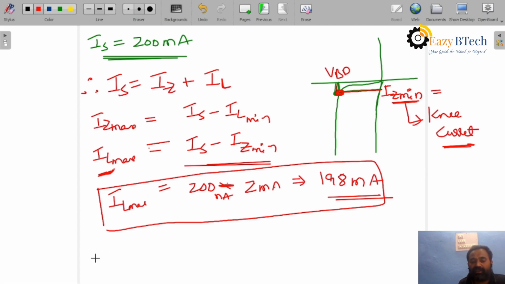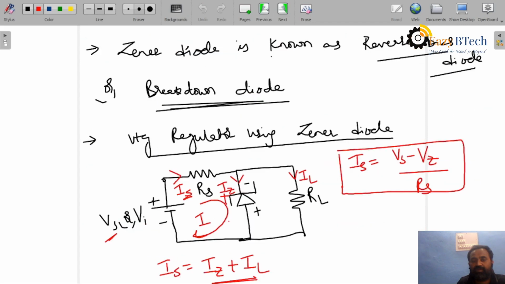Now we will find the resistance. R is equal to output voltage by output current IL. The voltage across the diode will remain the same, V naught, from the circuit diagram. The load resistance is in parallel with the diode, so we call it a shunt regulator, and the voltage across it is VZ, which is V naught.